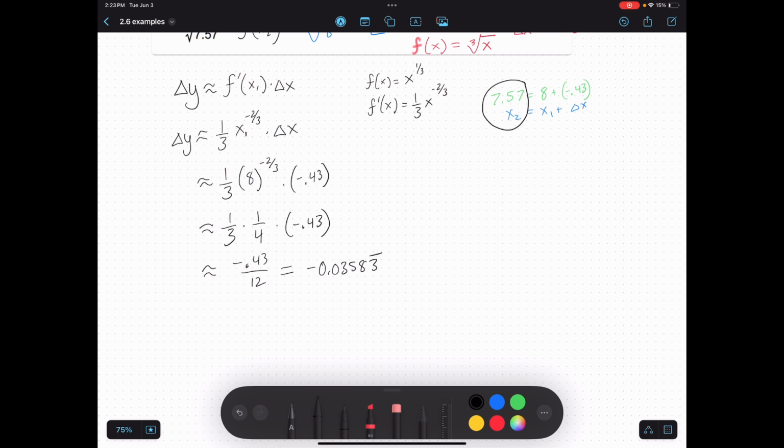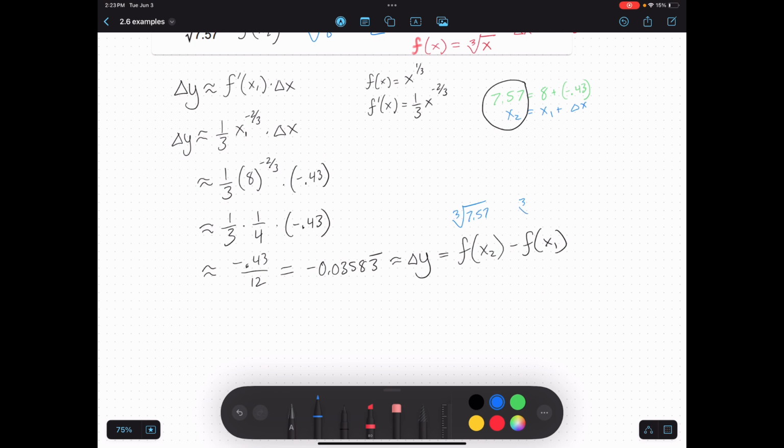But what did we just find? We found my approximation for delta y. And remember that delta y represents the change in your y values, or f of x2 minus f of x1. And like we said earlier, f of x2 is that cube root of 7.57. What's f of x1?